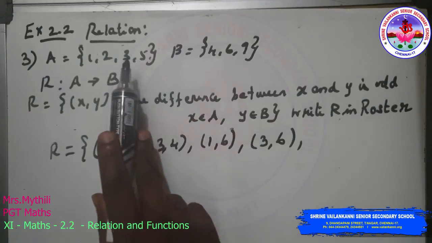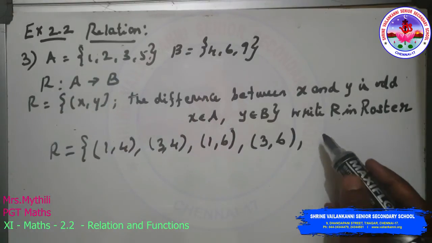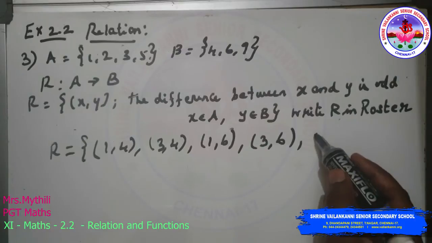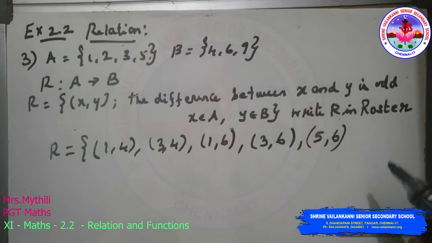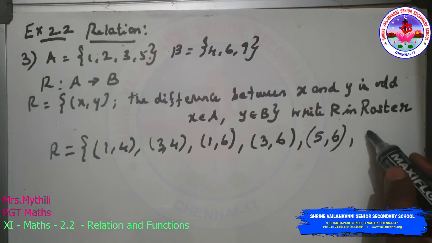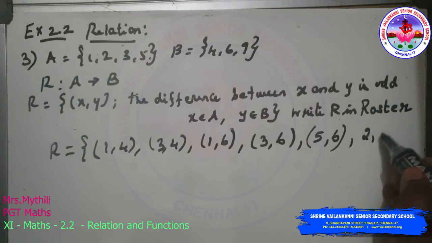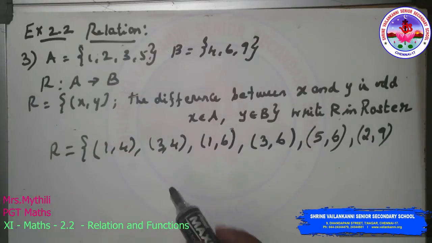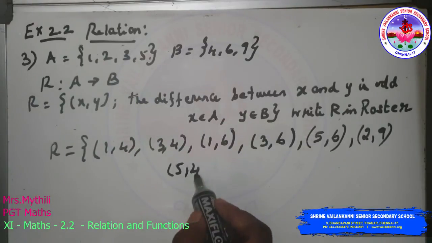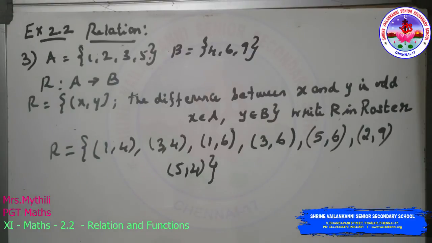And then 6 minus 5, which is 1, which is also an odd number. So (5,6). And then 9 minus 2, which is 7, an odd number. So (2,9). And we can do 5 minus 4, which is 1, also an odd number.